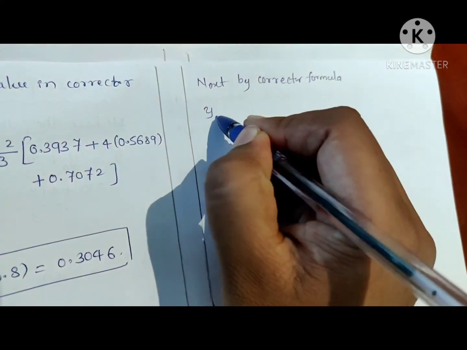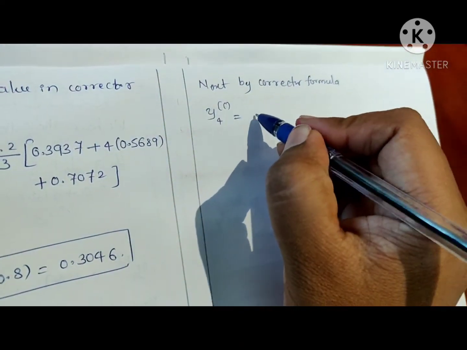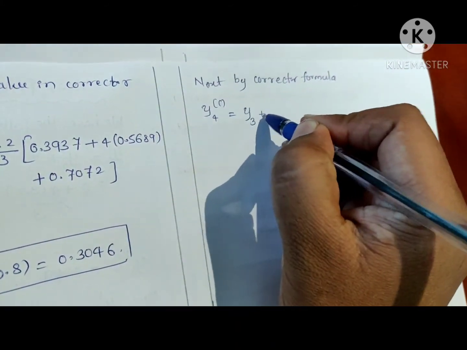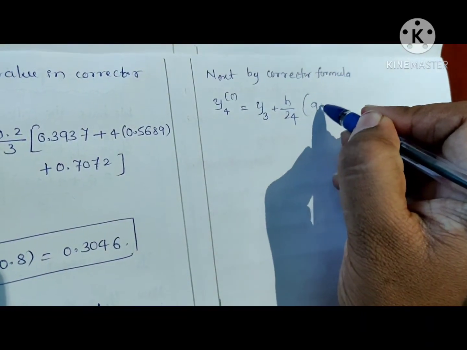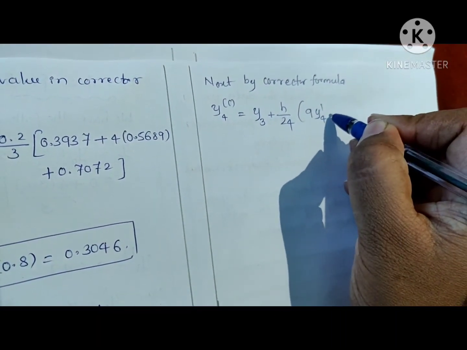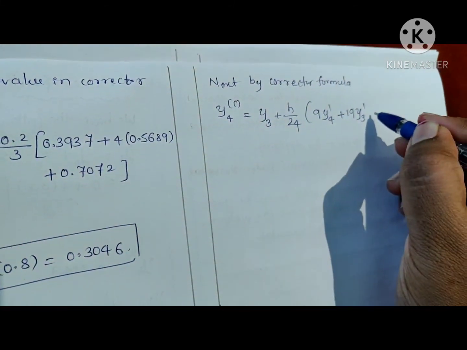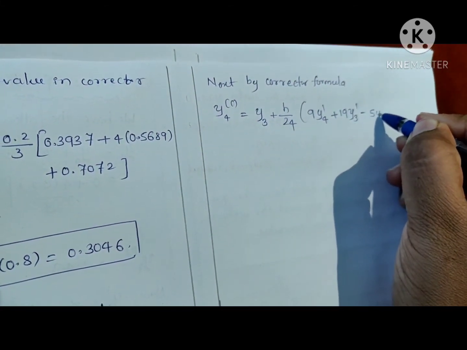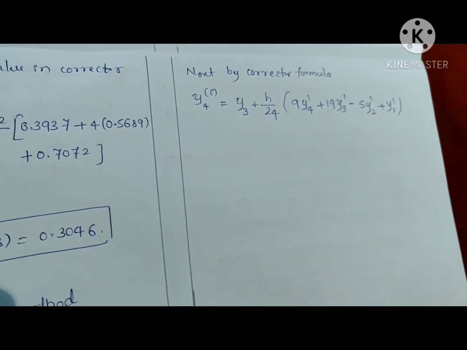By corrector formula, we have y4 of c is equal to y3 plus h by 24 into 9 y4 dash plus 19 y3 dash minus 5 times y2 dash plus y1 dash.